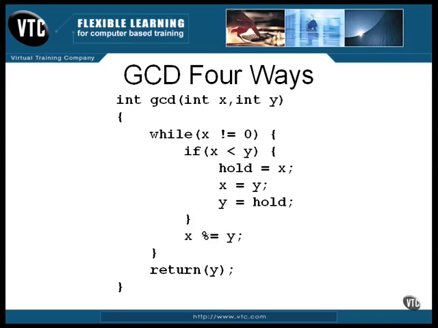That is, x becomes a result of x modulo y, so if y happens to be an even divisor of x, x will become 0, and y will be that divisor. This loop continues until x is finally 0, which means that y is the value of the greatest common divisor. If the two numbers are relatively prime, that is, they have no common divisors, the result is 1.